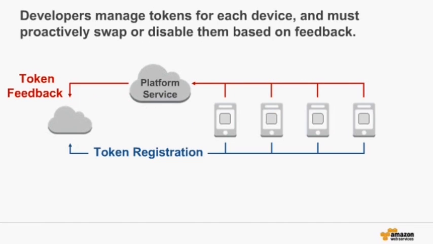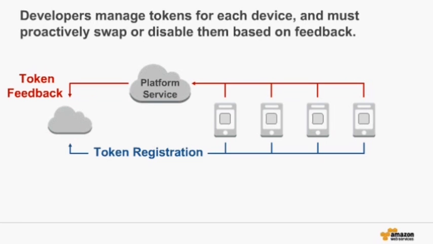And when a device is disabled, or when a user deletes your app, or if the token that represents that app on that device changes, it rotates, you are expected as a developer to proactively update your own database so that you can correctly address the list of devices that are live. And when you start to scale up to a large number of devices, this gets tricky. Developers tell us they try to avoid this step, but actually it's really important because if you don't do it correctly, your messages may be delayed, they may not get where they're going. And so it's important but really painful.